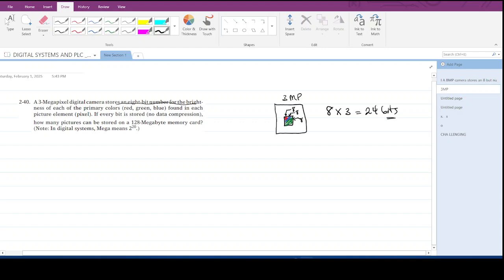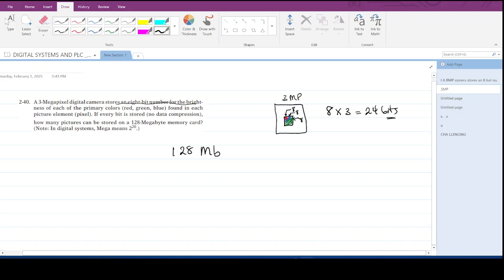So now if every bit is stored, no data compression, how many pictures can be stored on a 128 megabyte memory card? Note that we'll be using mega as 2^20. So this is saying how many pictures can I store in a 128 megabyte memory card?